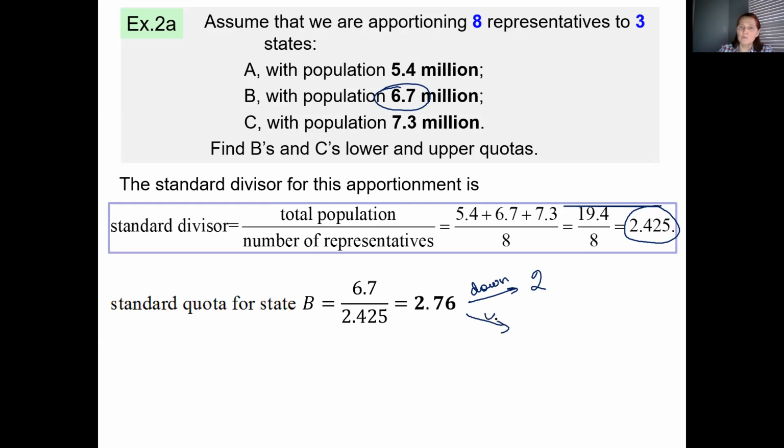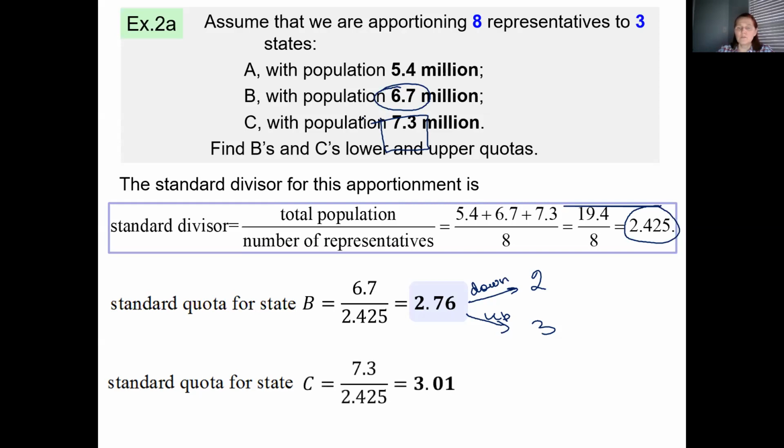If we round up, we get the upper quota, 3. For the standard quota for C, we take the population of C, 7.3, divide by the standard divisor, and we get approximately 3.01. If we round it down, we get 3, the lower quota. And if we round up, we get 4, the upper quota.